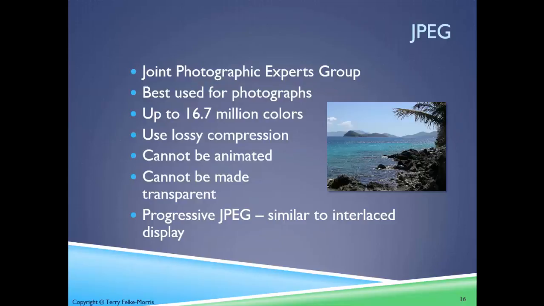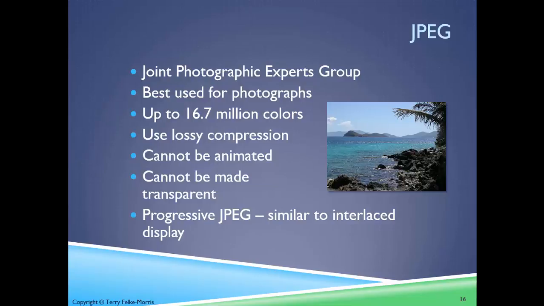JPEG is another acronym, for Joint Photographic Experts Group. Again, they're best used for photographs. They can contain up to 16.7 million colors. Notice they have lossy compression, which means that some of the pixels in the original file might be lost or removed when you compress the file.